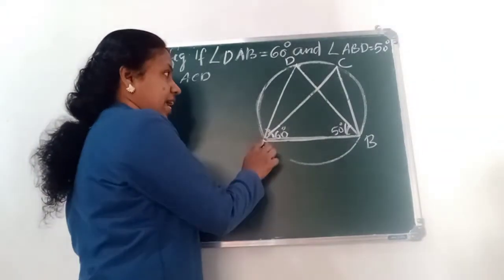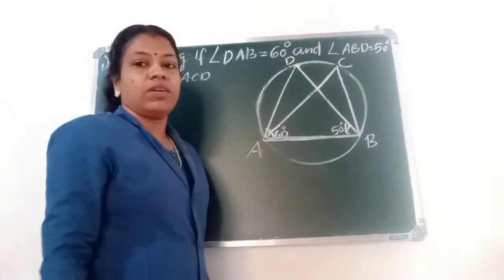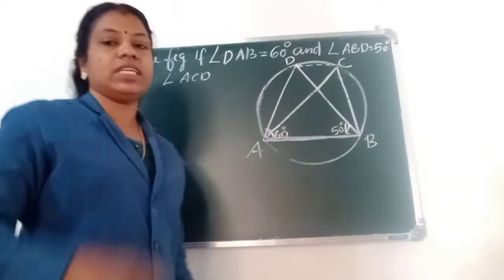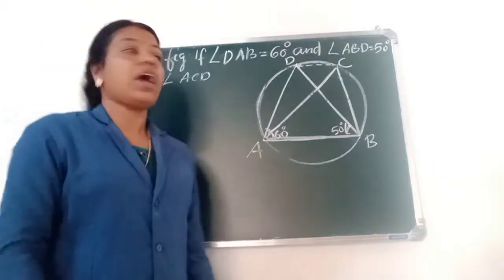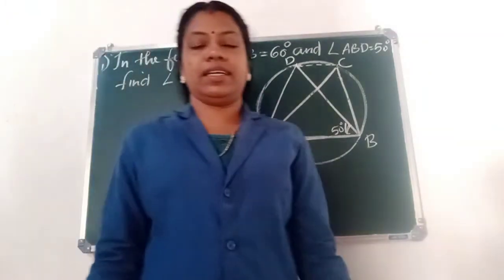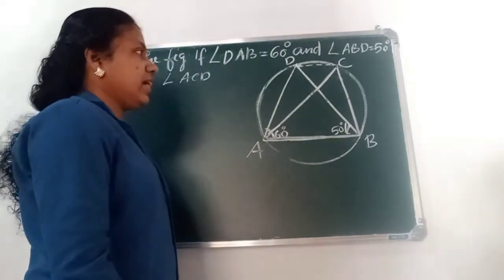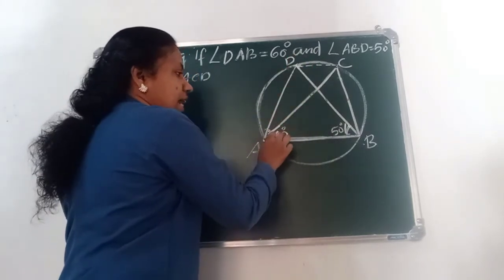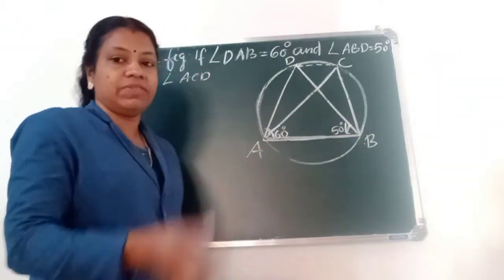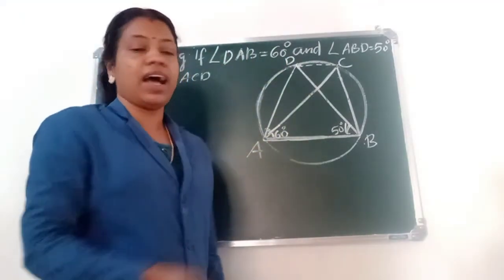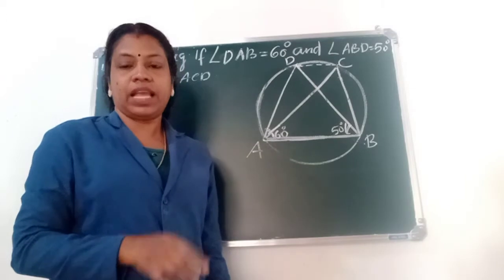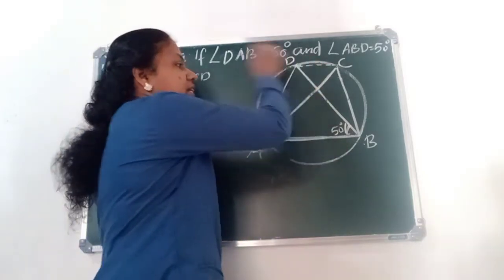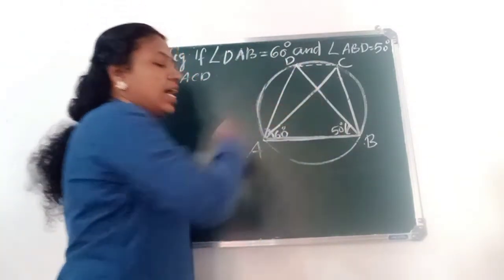First join D to C. In triangle ABD, angles A and B are given, so first we need to find angle D. Then we can say angle D equals angle C because they are in the same segment.